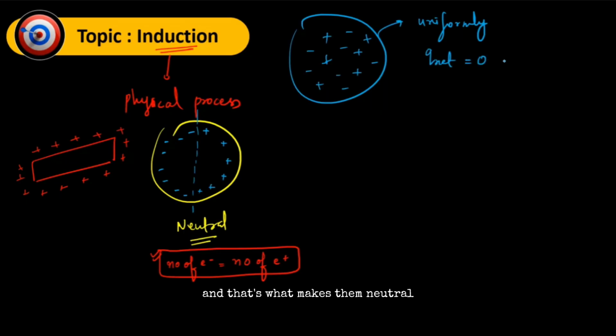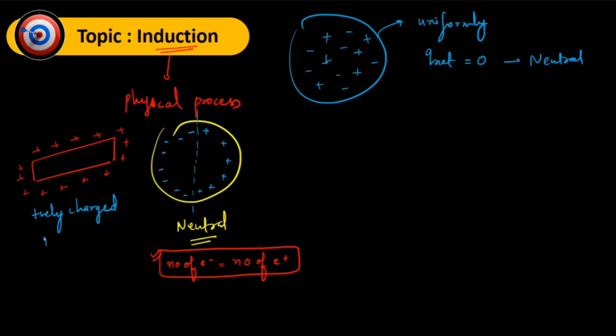That's what makes them neutral. But later on, when we bring a positively charged rod, the positive charges start feeling repulsion. Because of this, they spread onto the opposite side, whereas negative charge feels attraction and comes close to the rod side.